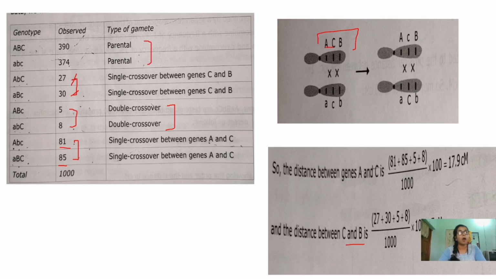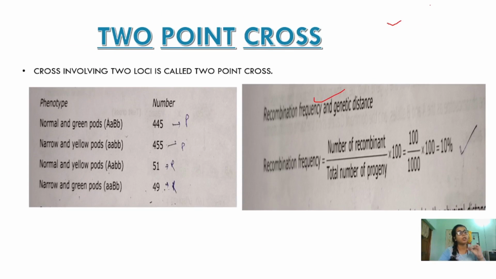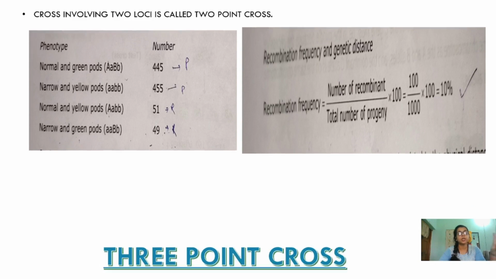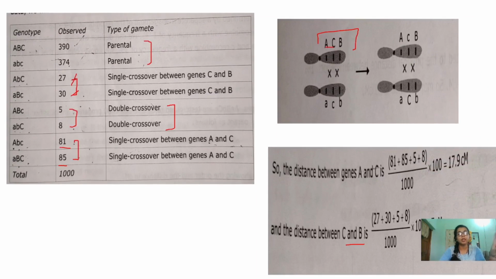By this you must be clear on how to calculate gene mapping. First of all, you need to locate which is parental and which is double crossover. Second, you need to find the gene order. After finding the gene order, you need to find single crossover 1 and single crossover 2.